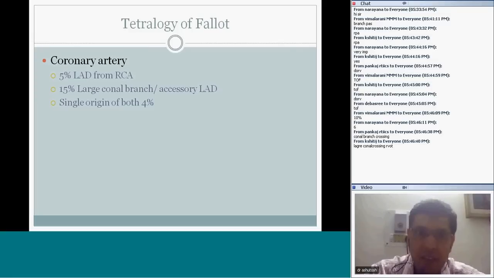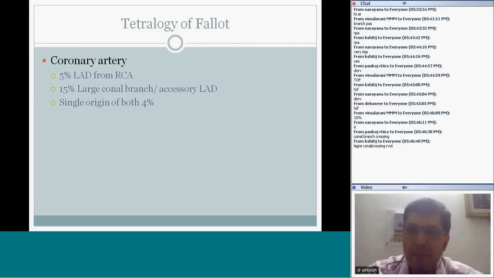So it could be 5% of cases have LAD from RCA, then 15% have a large conal or accessory LAD, and single origin can be seen in 4% of patients. So it's roughly about 10% of patients who have abnormalities in the coronary artery pattern.